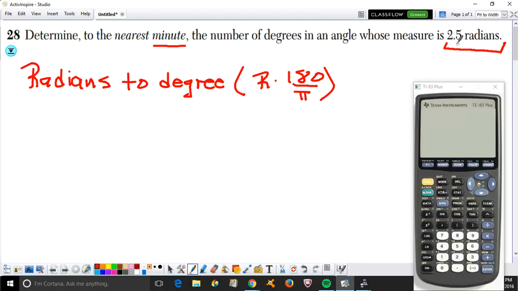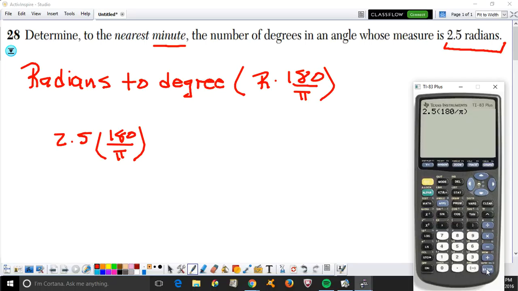So we got 2.5 radians. We'll plug into our formula. So we have 2.5 times 180 over pi. So let's find the number of that. So we get 2.5 multiplied by 180, divided by pi.